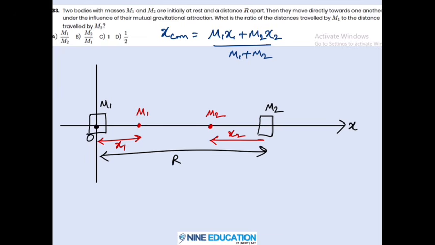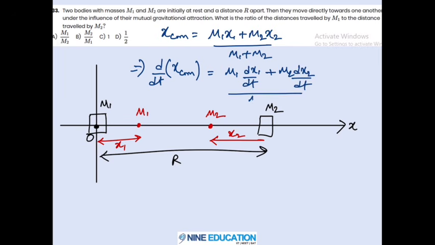So if you differentiate this with respect to time on both sides, d by dt of x center of mass is equal to m1 dx1 by dt plus m2 dx2 by dt divided by m1 plus m2. Now this becomes zero. Reason? The center of mass of the system will not get affected because there is no external force.